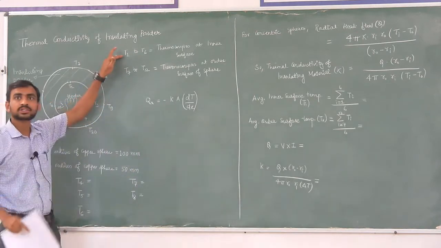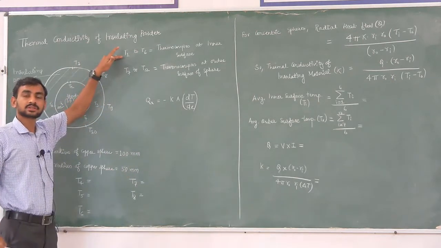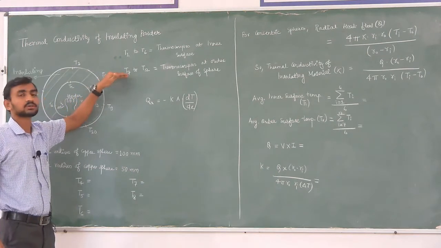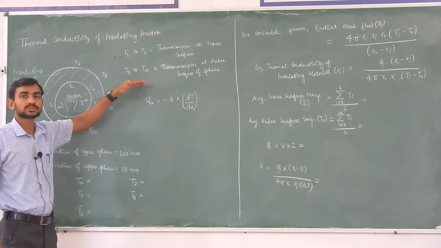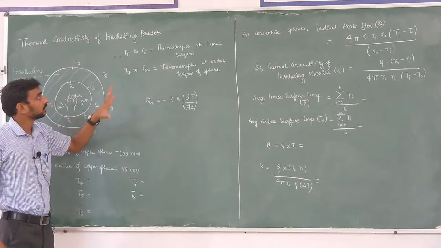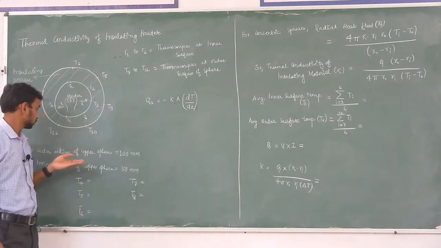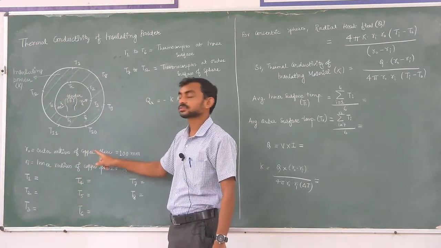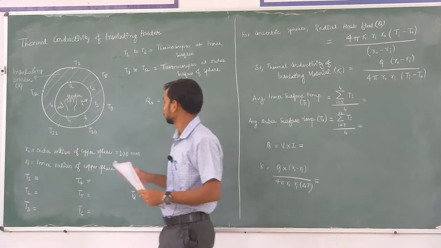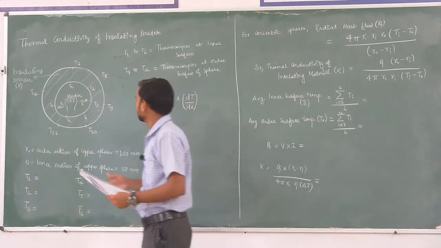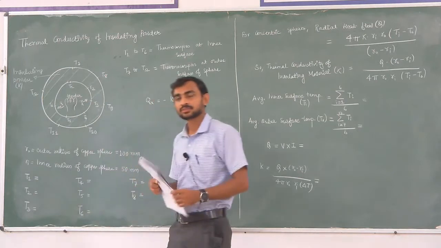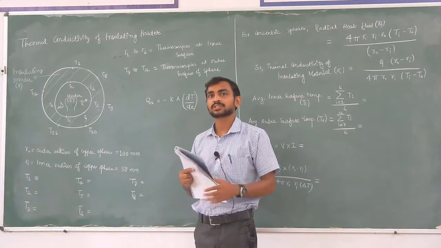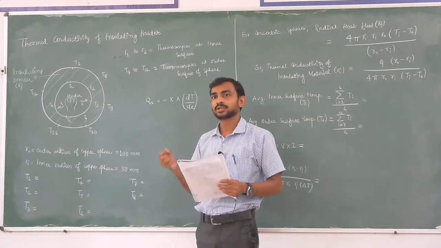So, T1 to T6 are the temperature readings at the inside sphere, T7 to T12 thermocouples at the outer surface of the sphere. By the geometrical property we already know the inner radius and outer radius, which is 50 mm and 100 mm, and for one of our steady states, we already noted down all the temperature readings.